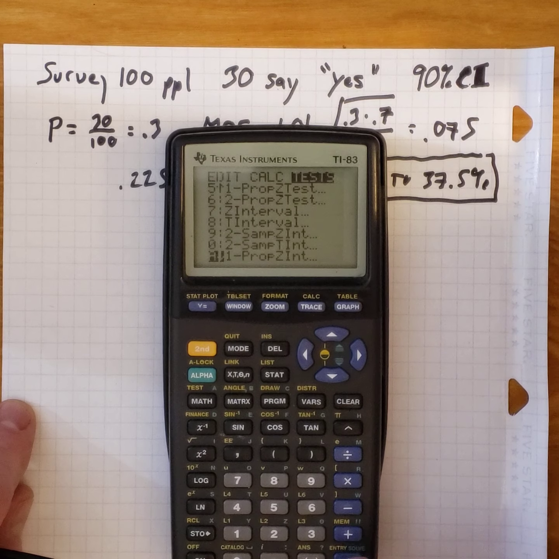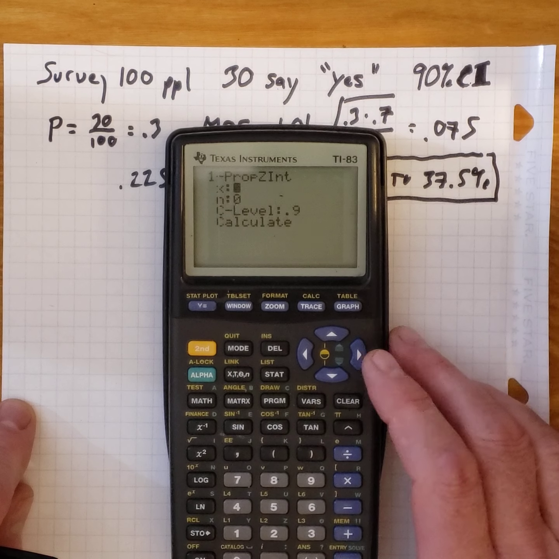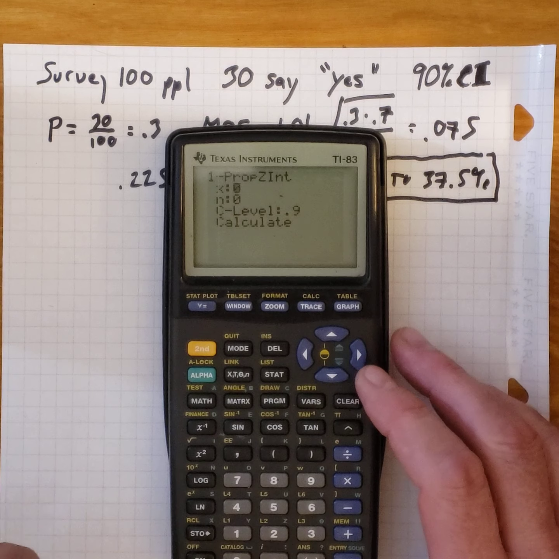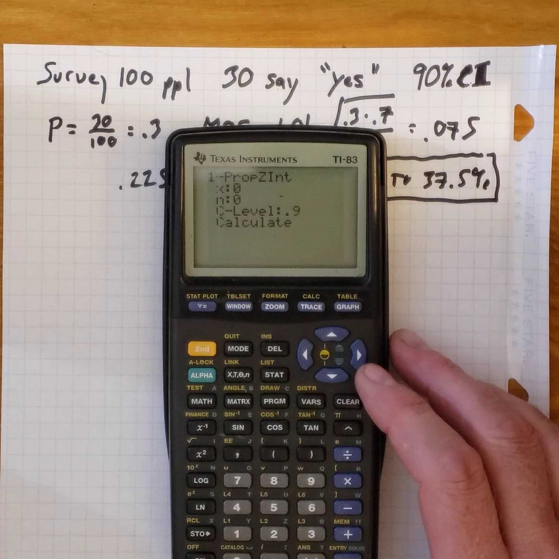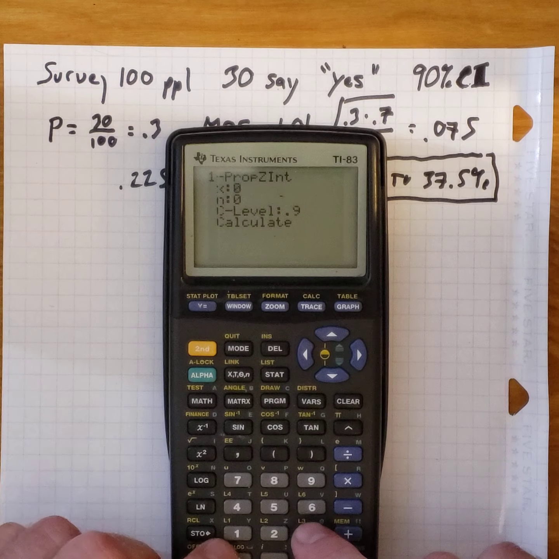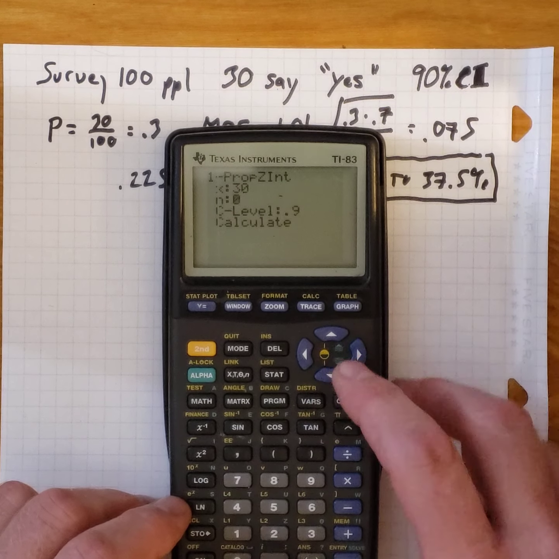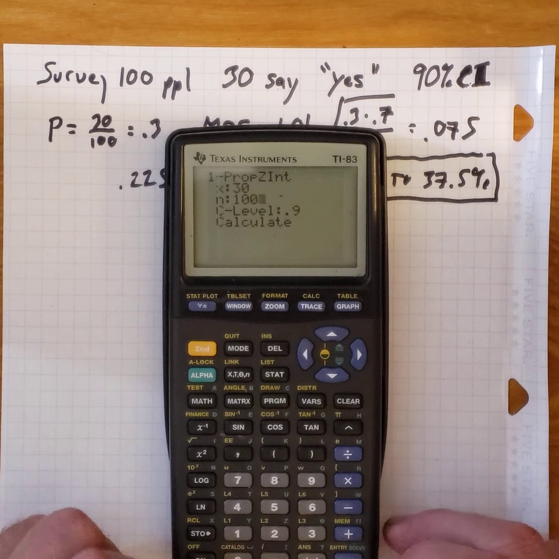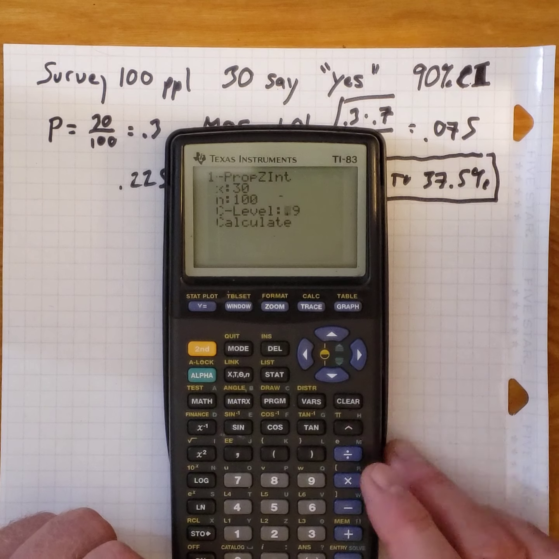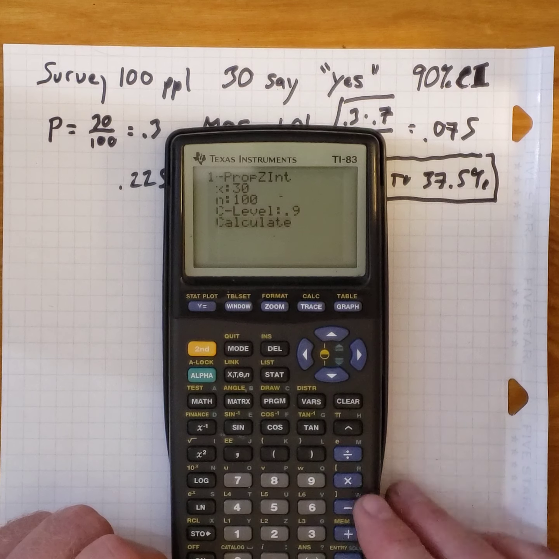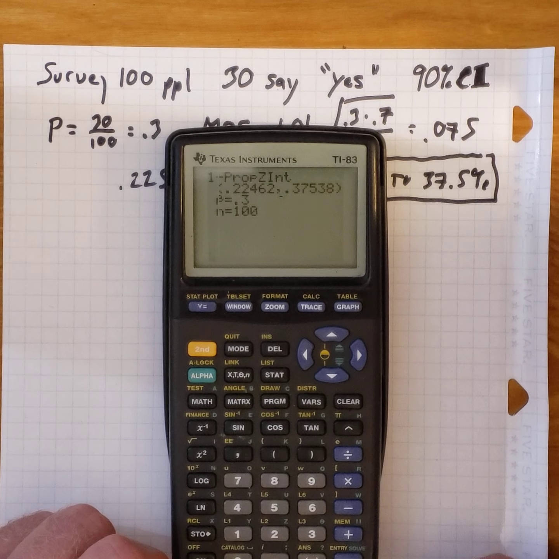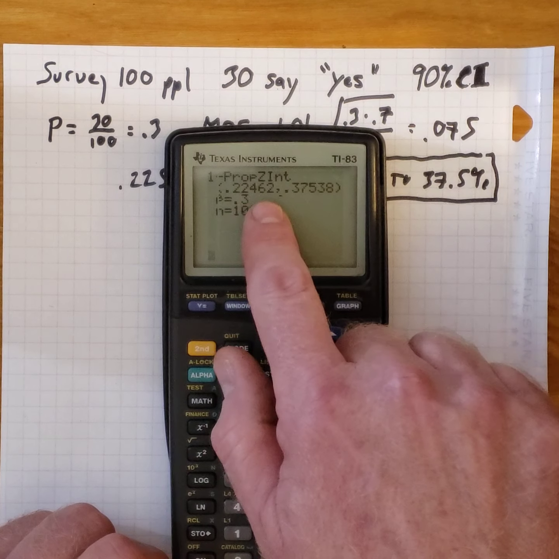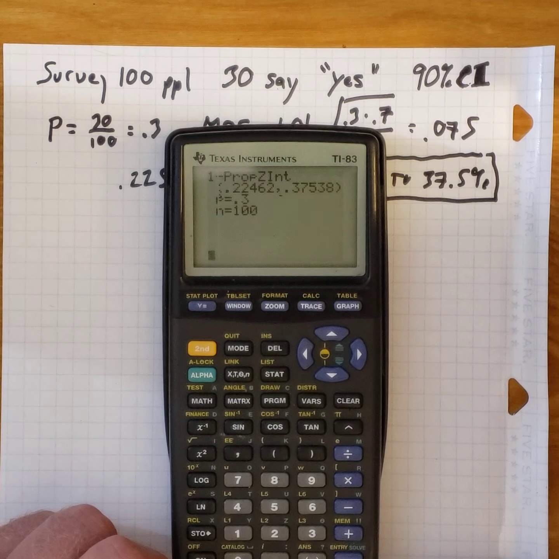We don't need to. So we select that, and the only information we need to give it is the number of successes, so 30, out of the number in the sample, which was 100, and it's already at 0.9 for 90%. Hit enter, and it gives us our 22.5% to 37.5%.